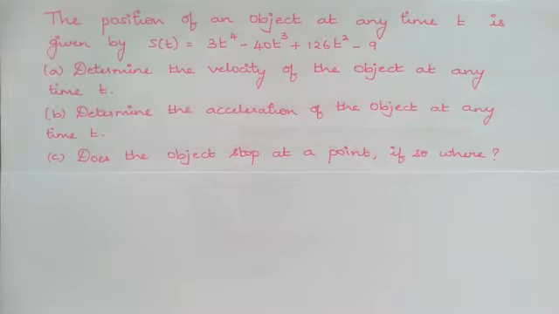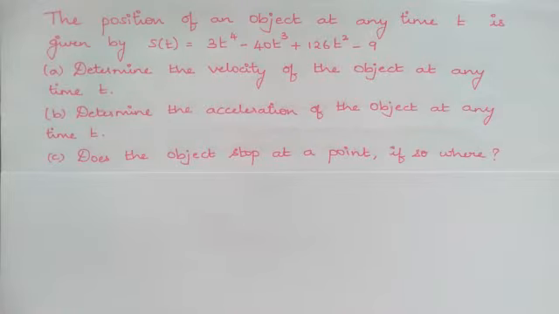So in order to identify the acceleration, we are going to identify the derivative of the velocity. To be very clear, we are going to identify the second derivative of the given function.